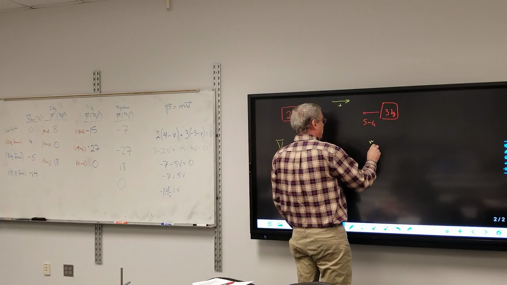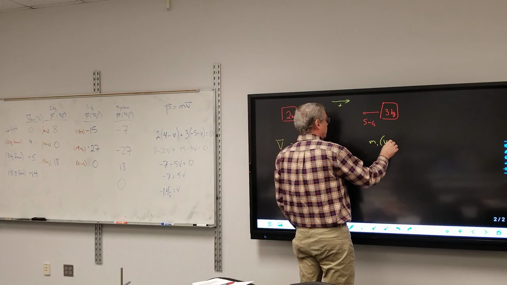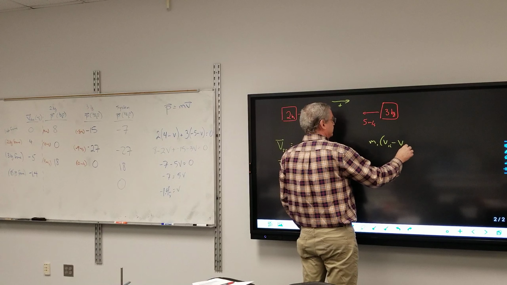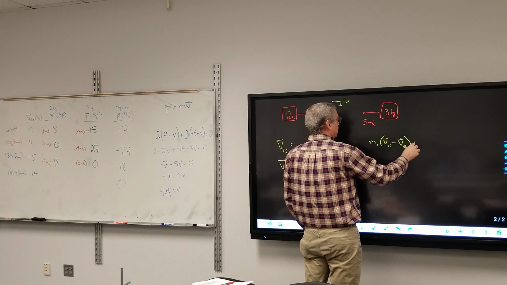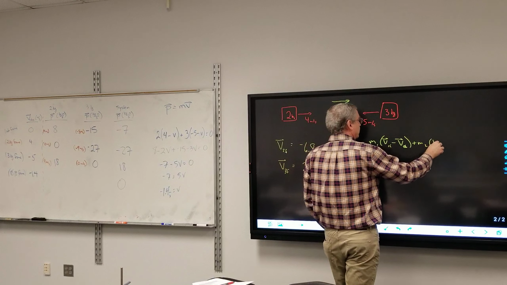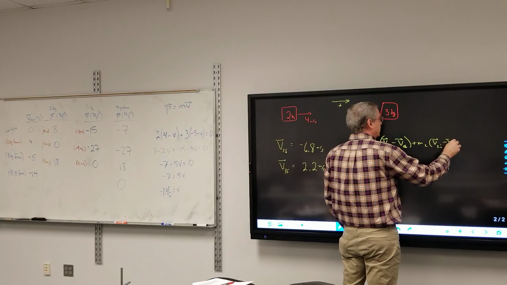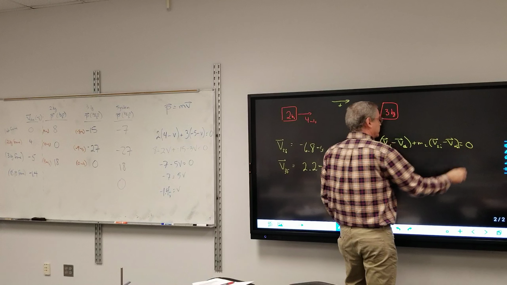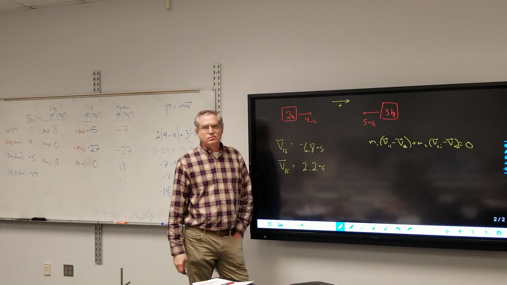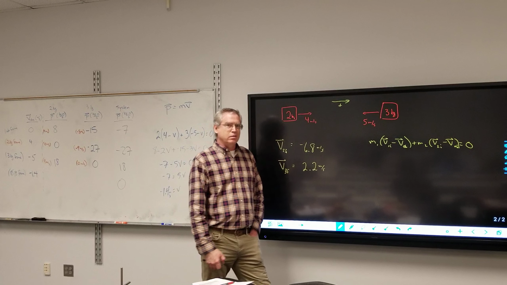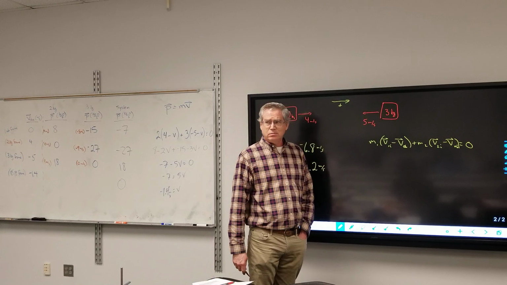You'd have M1, V1 initial minus V observer, treating them as vectors, plus M2, V2 initial minus V observer equals 0. Actually, let's go down this route.